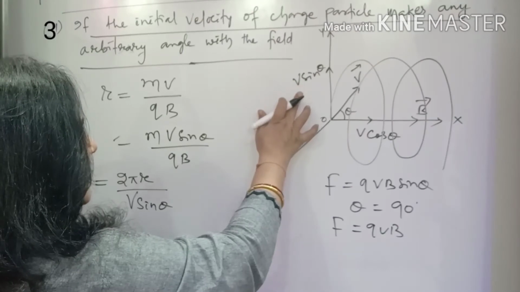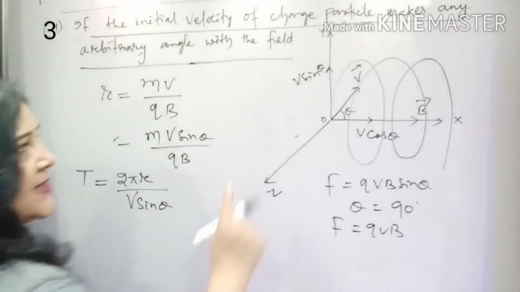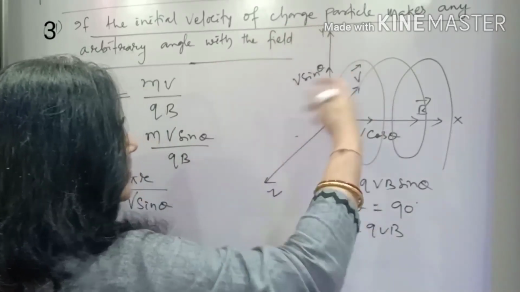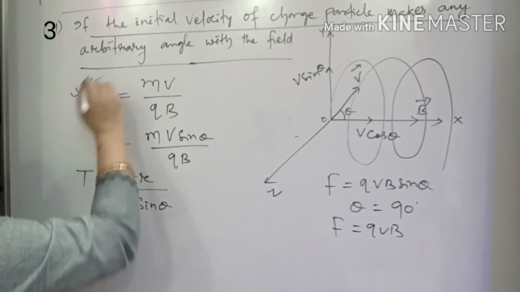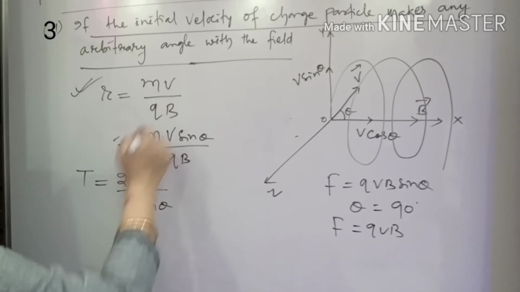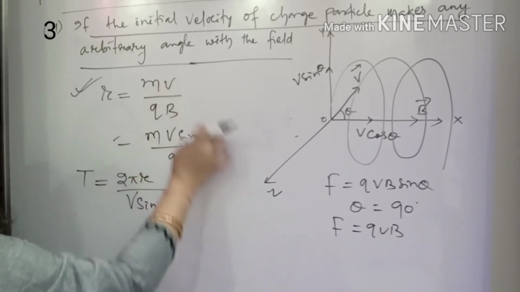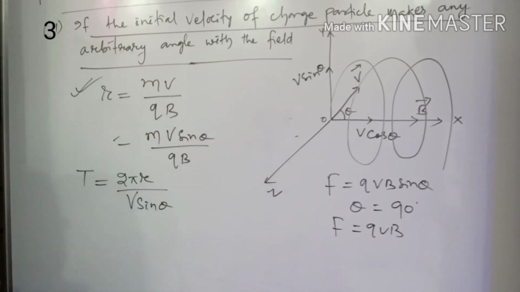Only for V sin theta does the deflection take place, and due to that the circular motion is possible. So when the body moves in a circular path, its radius can be calculated by the formula we derived in the previous case, mv by qB, where v is the V sin theta component, the perpendicular component of its velocity.